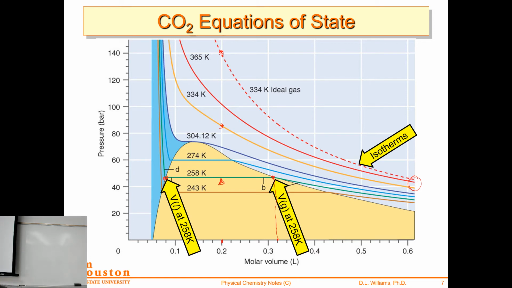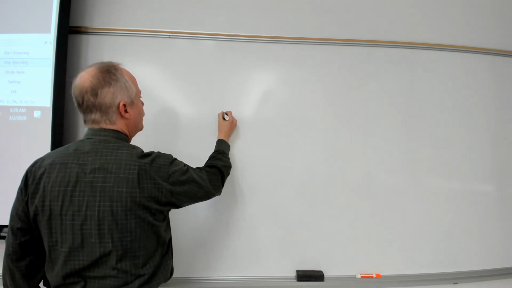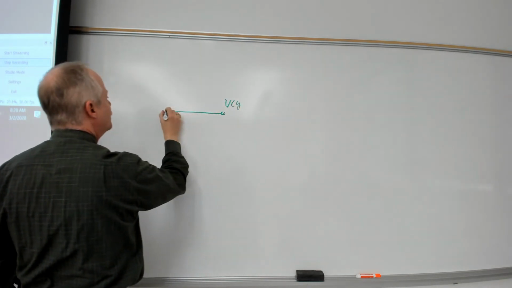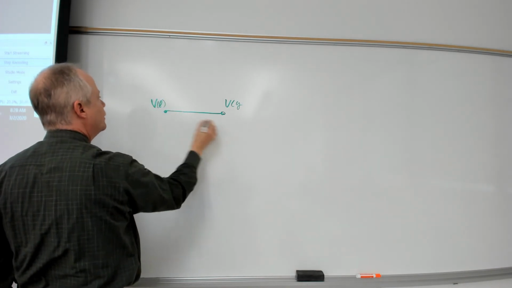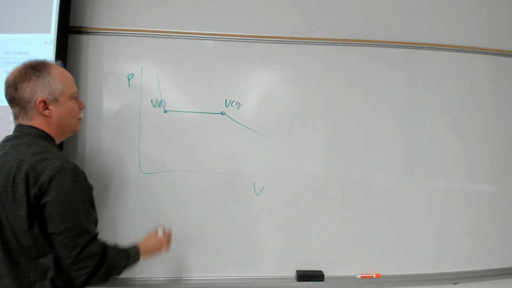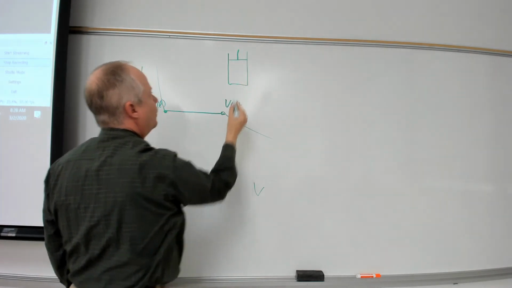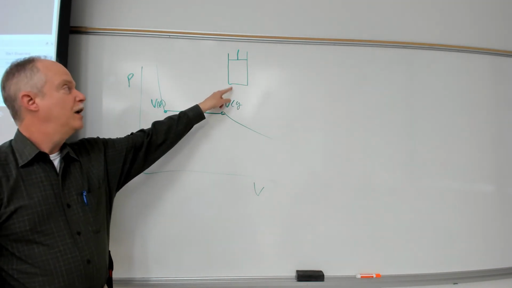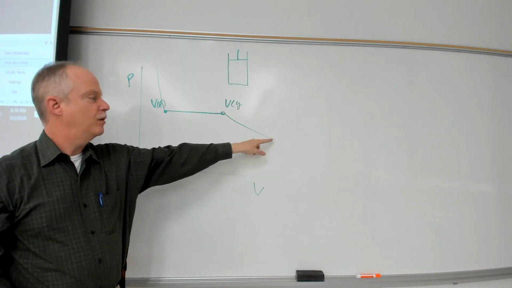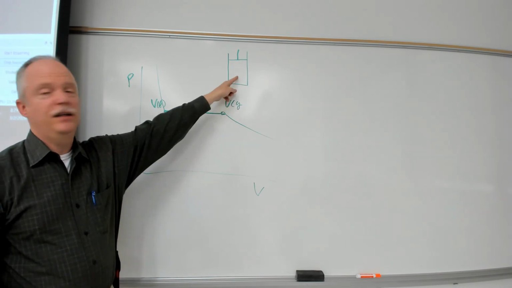So let me switch this over. If we have the volume of the gas phase and the volume of the liquid phase, and we're on some isotherm, and we have a piston, and we have our gas in there, and we're compressing it, and we're maintaining the temperature, and we get to here, that's the last point where we don't have any liquid in here.